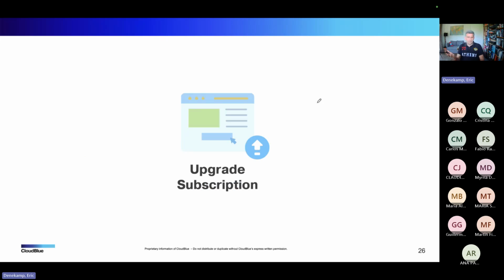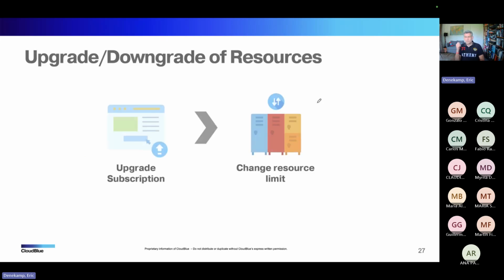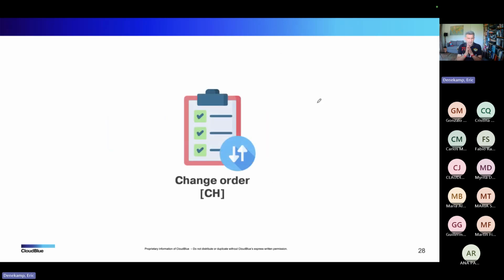We can upgrade our subscription. So what are we talking about? We're talking about changing that resource limit. We are going to a larger locker or to more lockers. This results in a change order. The change order is created in billing. Does it show me something extra? What does the change order charge me for?